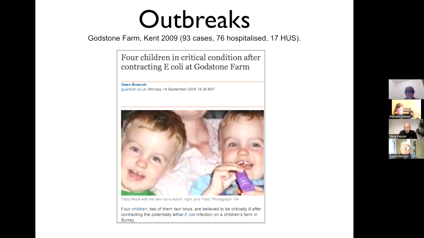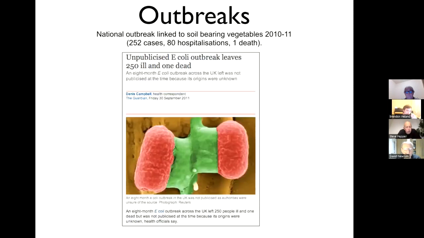But the problem was the information that parents received. The parents didn't make sure the kids were washing their hands after they touched the reindeer, because it wasn't generally known in the general public. There were 93 cases, 76 were hospitalised, and 17 had HUS, or hemolytic uremic syndrome.